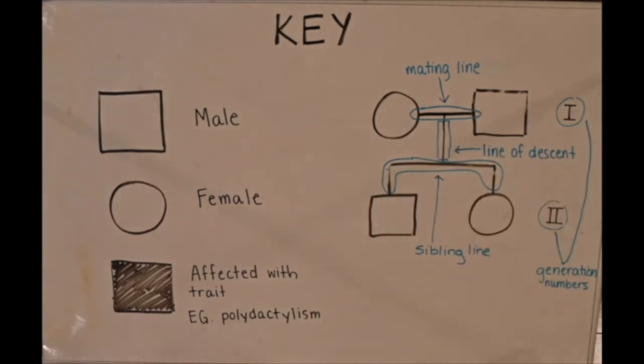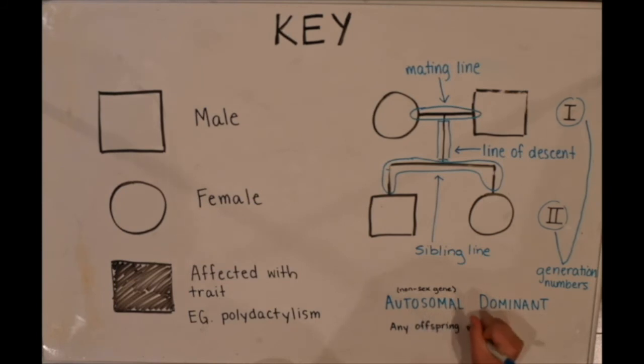of this family. The polydactyl trait is what is known as an autosomal dominant trait. Autosomal means that this trait is not linked to the sex of a cat. So an autosomal dominant trait is a trait that only appears when there is a dominant allele present.